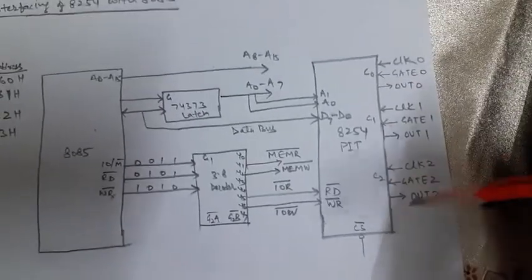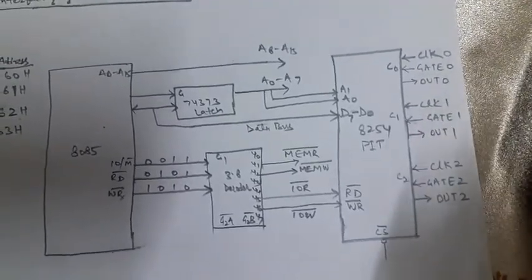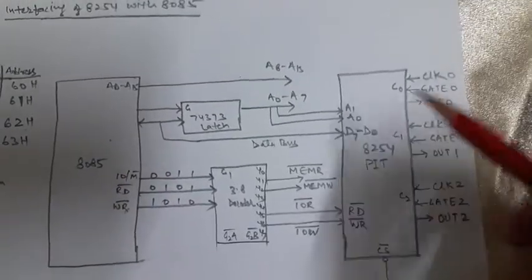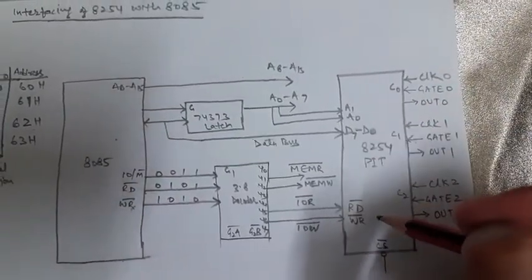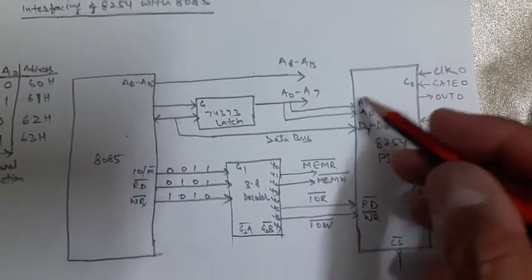And there is a control word at which the MPU gives the command when it initializes the 8254. So we require four addresses inside, and for those four addresses we require two address lines, A1 and A0.